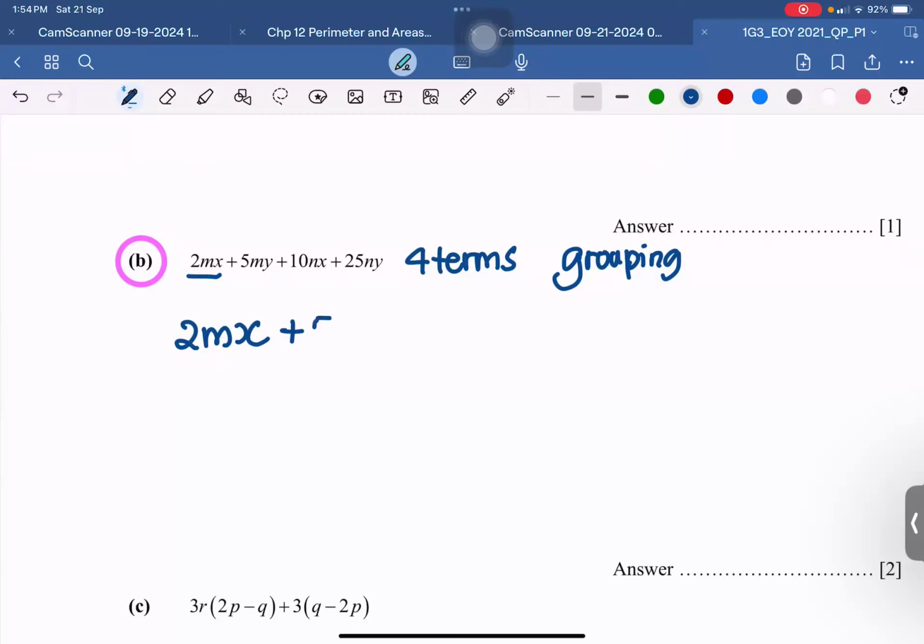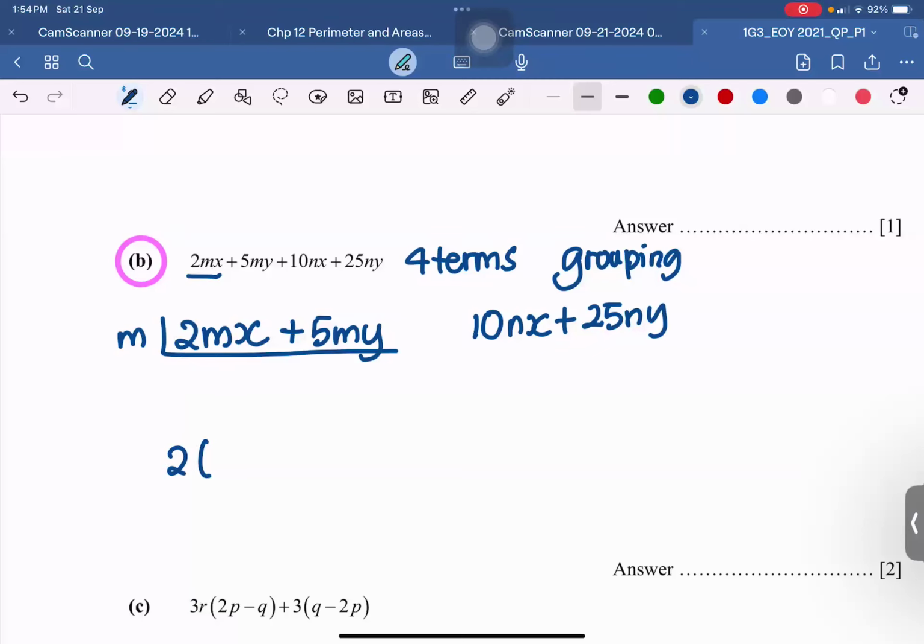5MY. Okay, then you give me the second pair. You stay with me. What's the second pair? Okay, so it's like that. You do this. Can you tell me what is the common factor that you choose for this one, Aaron? M. M only. Then what are we left with? You don't need to switch off your mic. You answer the question first.